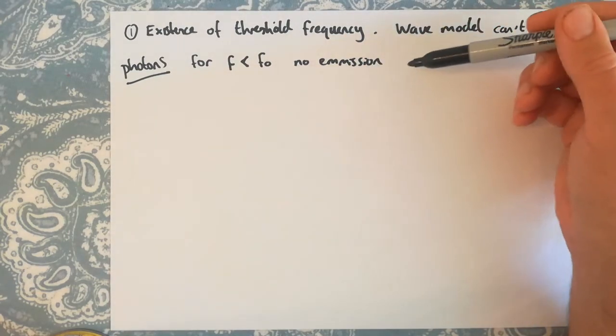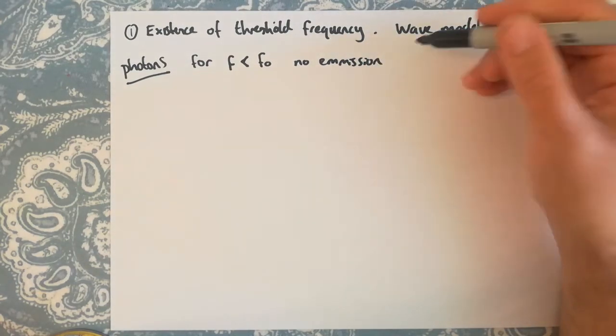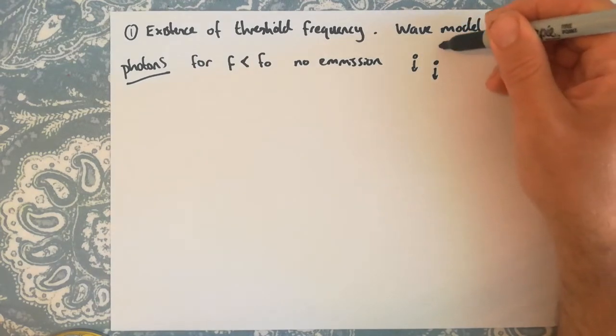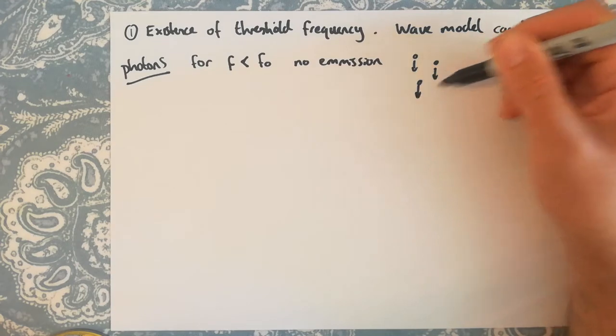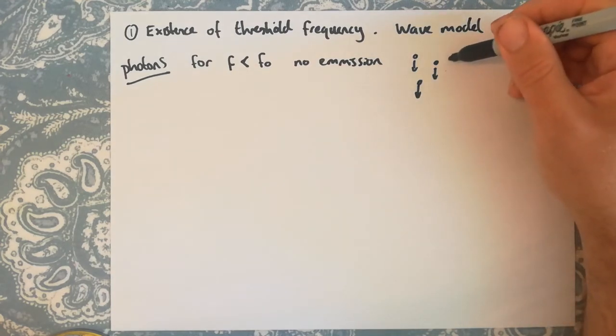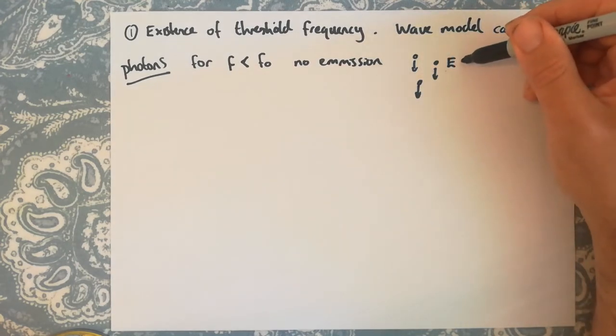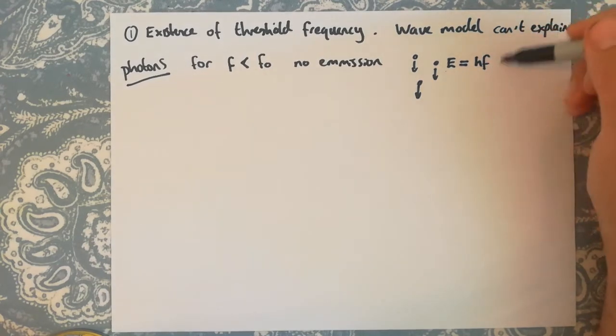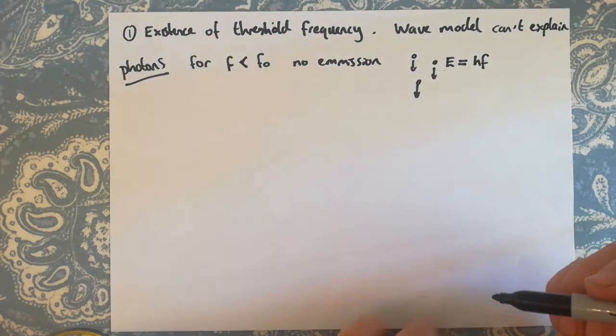In our photon model, we're imagining all our photons coming down onto the surface, and we know that the energy of those photons is related to the frequency of the light.